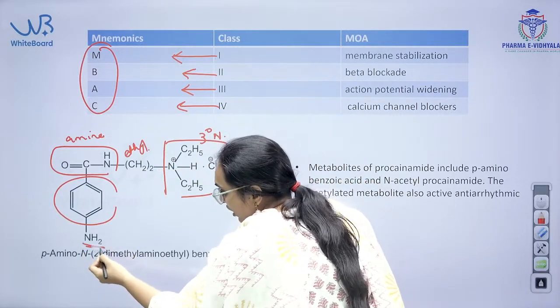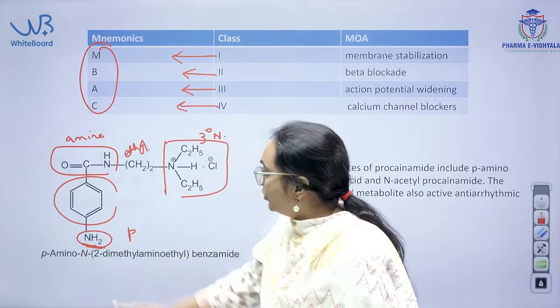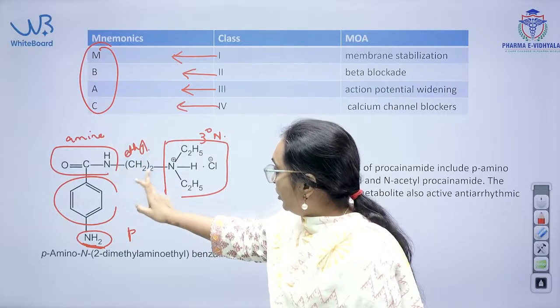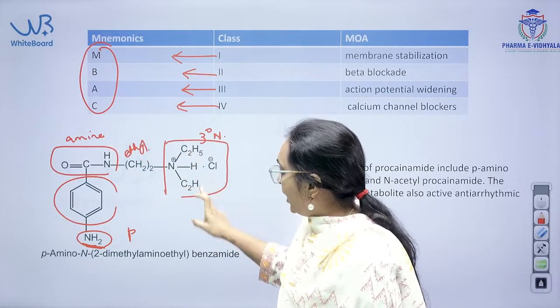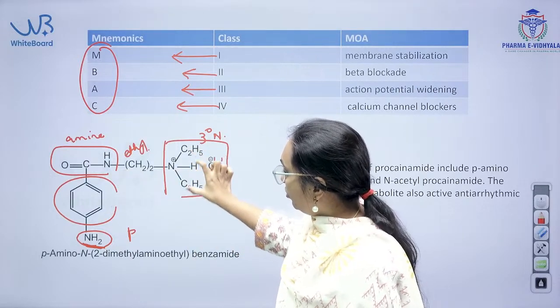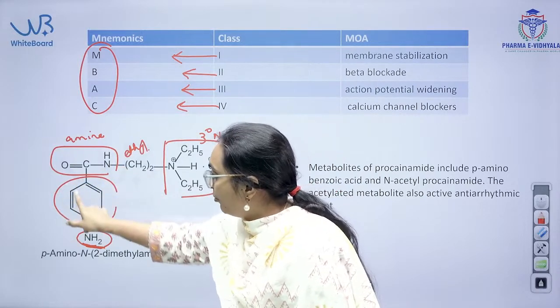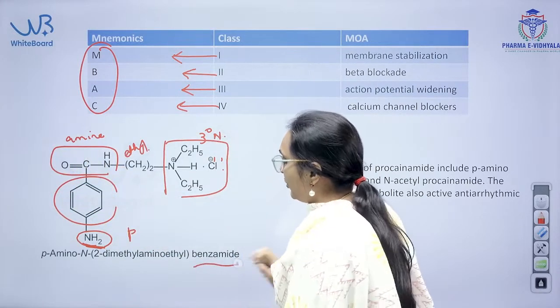This is the amine at the para position. So it is para amino, N-(2-dimethylaminoethyl), which amide? Benzamide.